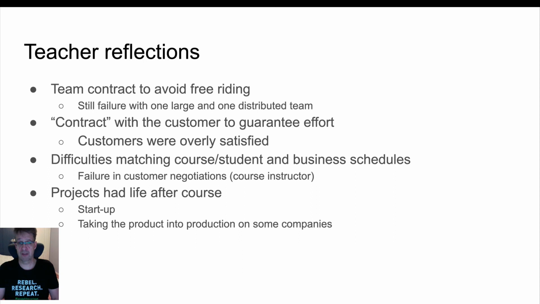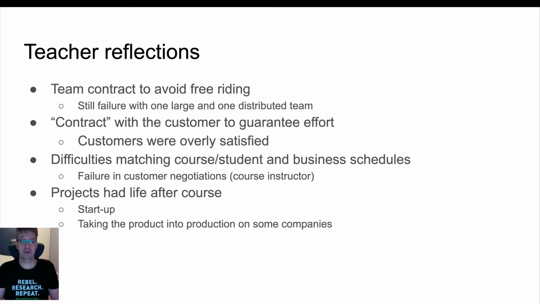Although there was plenty of work to do for everybody, there still were some failures even with this team contract. The team contract was supposed to tell us that the team members have similar motivation and similar kind of goals for the course. There were some failures with one large and one very distributed team, and we need to tackle that in the next implementations.